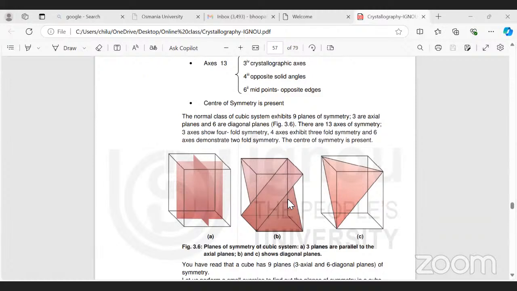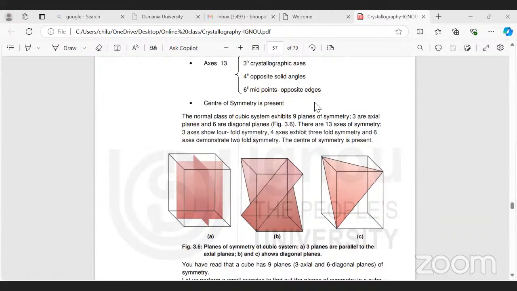Three normal crystallographic axes, and four opposite solid angles, and six midpoints of opposite edges.